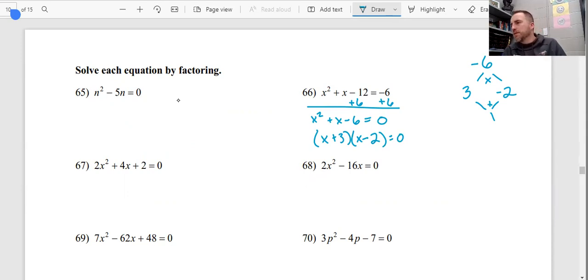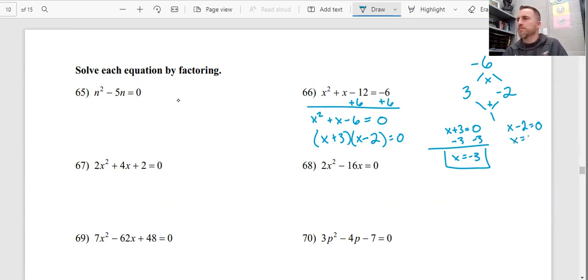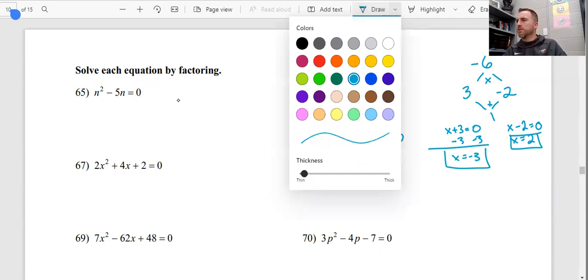So we set one of those factors, x plus 3, equal to 0 and solve. We get x equals negative 3, so that's one solution. Then we set the other factor, x minus 2, equal to 0 and solve, and we get x equals 2 as the other solution. All right, let's do number 68 real quick.